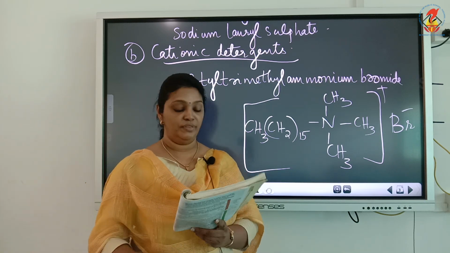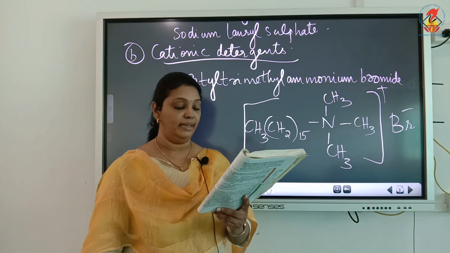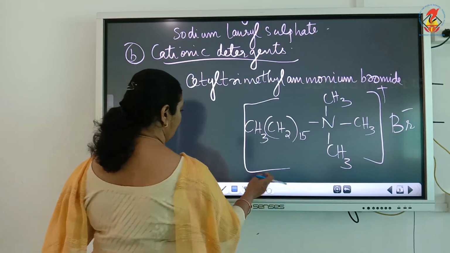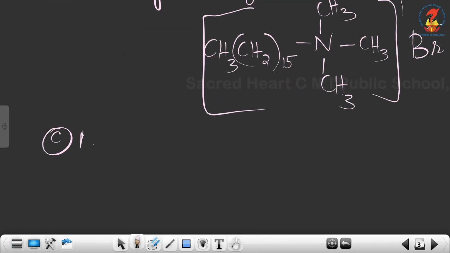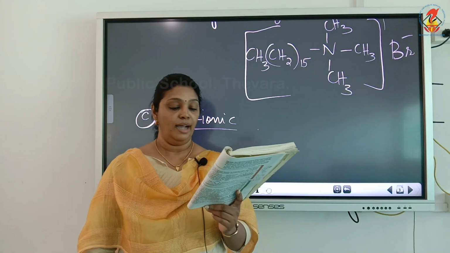Now, the third type of detergent is non-ionic detergent. From the name itself, they do not contain any ions.